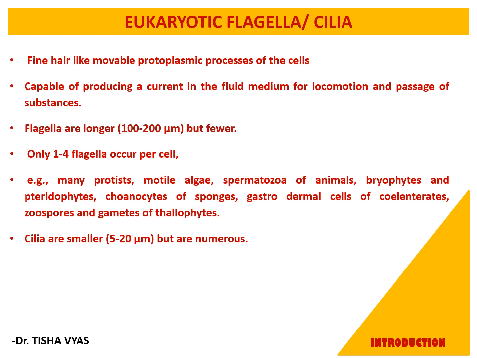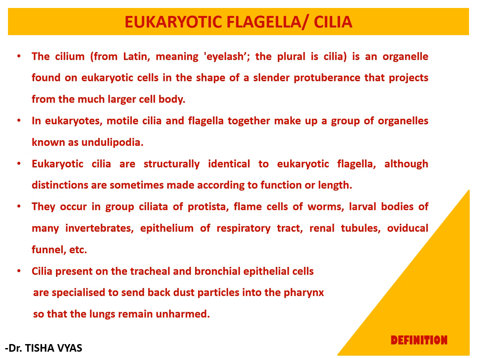Compared to flagella, cilia are smaller but are numerous. They occur in group Ciliata of protista, flame cells of worms, and larval bodies of many invertebrates. The word cilium came from the Latin word meaning eyelash.